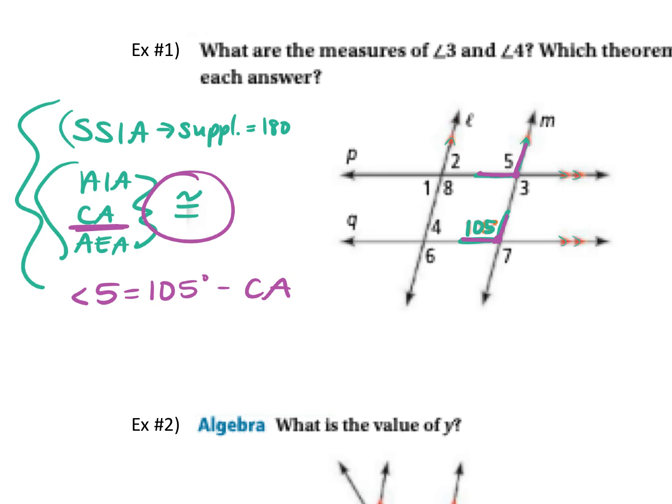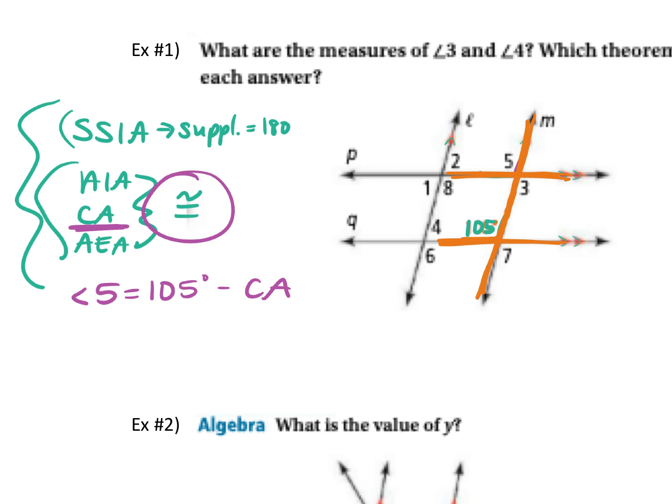Okay, take a look again at this 105. What type of angle is angle 3 with that 105? It's inside. So here's your parallel lines, right? Here's your transversal. 105 and 3 are what kind of angles?